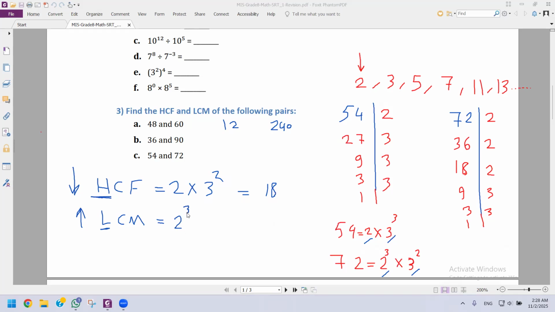So 2 power 3 times 3 power 3. So 2 power 3 is 8. 3 power 3 is 27. So when we multiply them, we got 260.